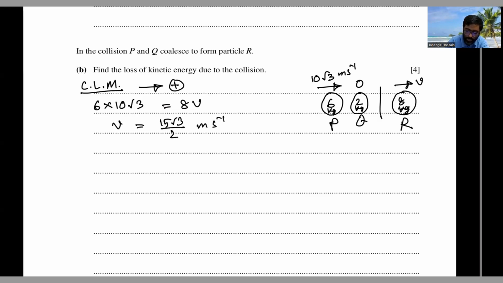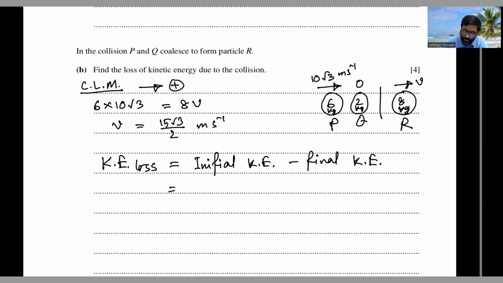The loss in KE of the system is initial KE minus final KE. The initial kinetic energy is half into 6 into 10 root 3 squared plus half into 2 into 0 squared.